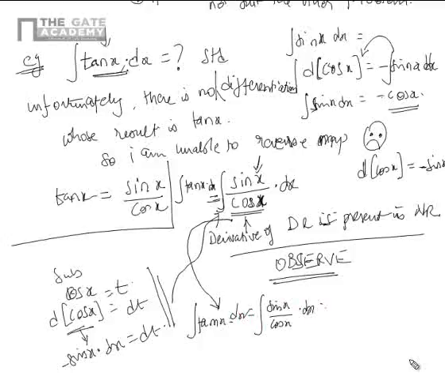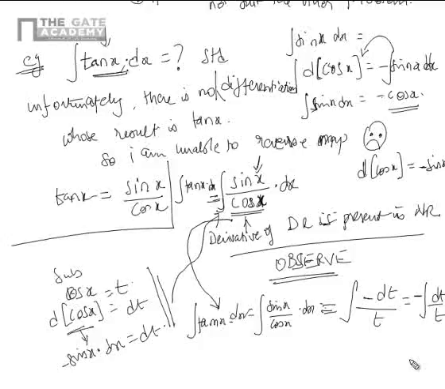I am substituting cos x as t and sin x dx is nothing but dt. So I will get minus dt here, so minus is outside. I will get dt by t.